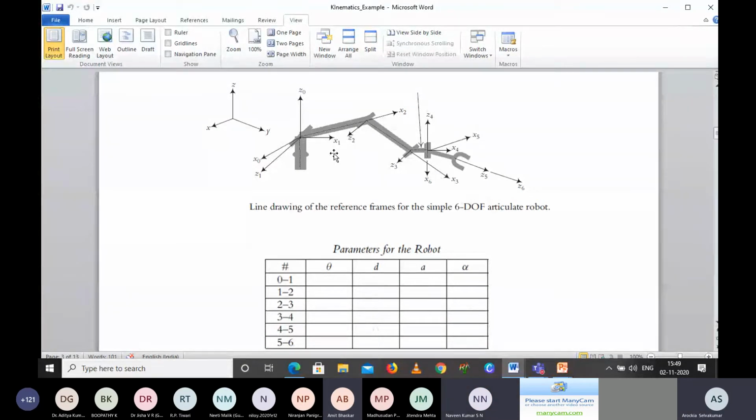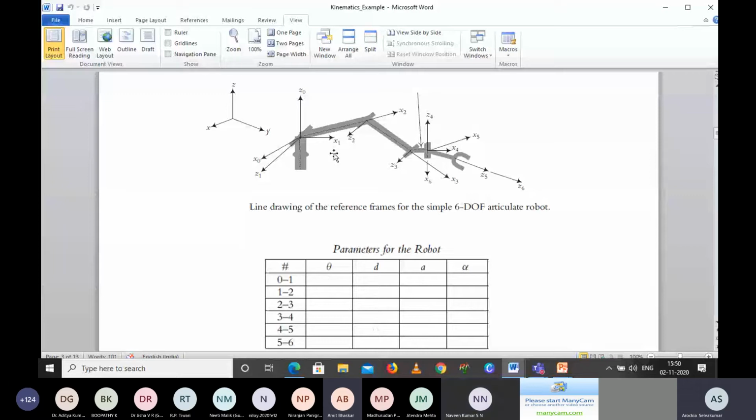So I have to rotate x0 to align with Z1. Please take a note, sir. So I have to align Z0 to Z1. So that is 90 degree.